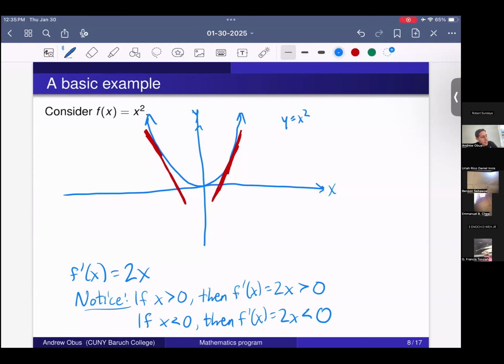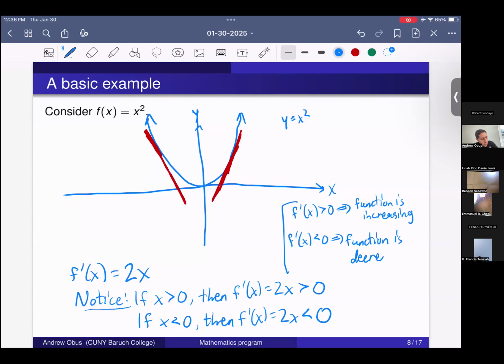So what we can see here is that f prime of x being greater than 0 implies that the function is increasing. And f prime of x less than 0 implies that the function is decreasing.